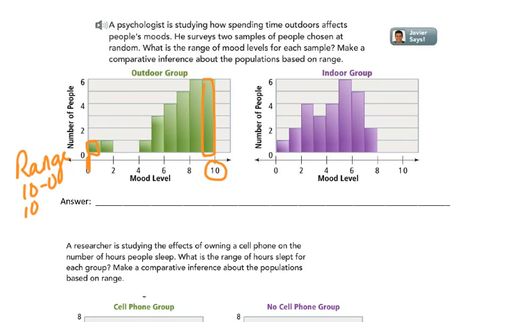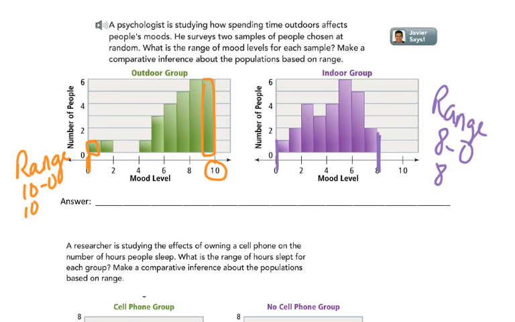So the mood level changes from 0 to 10 in the outdoor group. If you compare that to the indoor group, we have a range from 8 being the biggest and 0 being the smallest. So the range is 8 minus 0, which is 8.